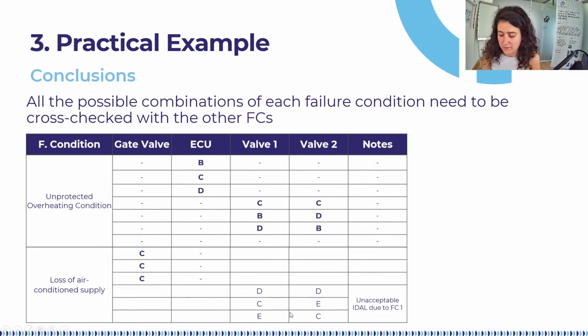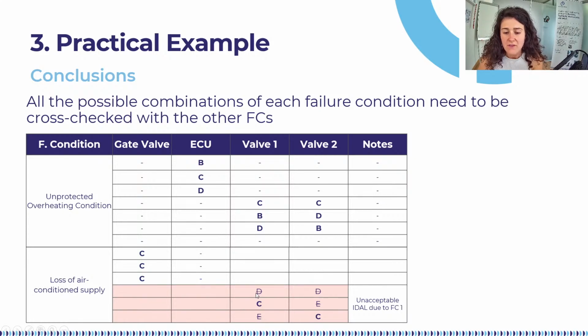Okay, what happened? Any of the combinations that we put in the valves for this failure condition is acceptable, because for this failure condition we have CC or BD or DB.